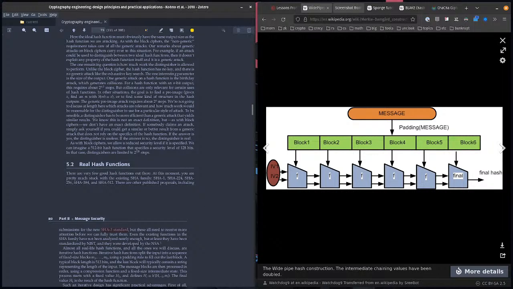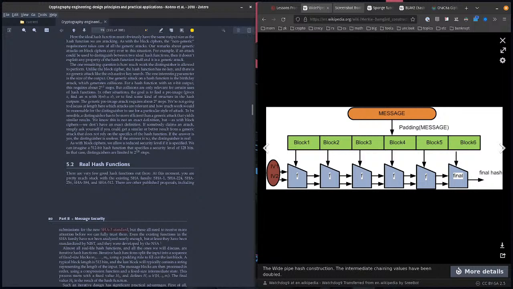For instance, if the attacker sees the hash of the message "I am the user Bob, and I have some private key," the attacker doesn't need to get the private key. They can append an additional message, say, "and I would like to give money to Alice."